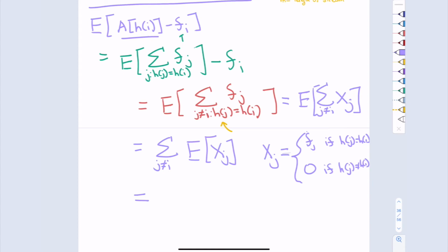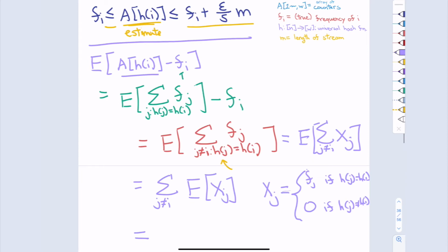And now we just have to analyze one of these Xj's. It's worth fj if it collides, 0 if not. What would that be? Because it's a universal hash function, for any other element j, the odds of i and j colliding will be 1 over the small range, which for us was this value w, or 10 over epsilon.